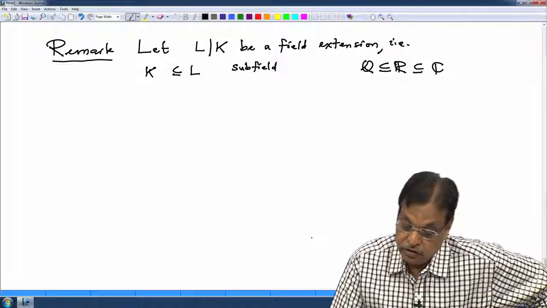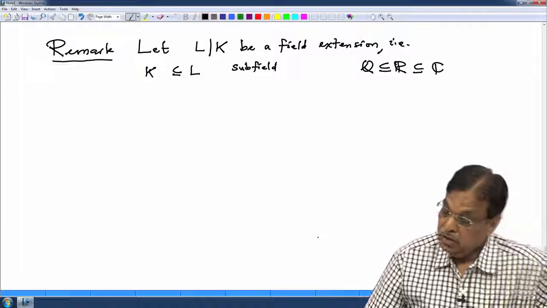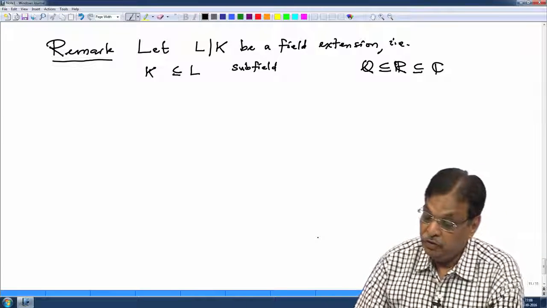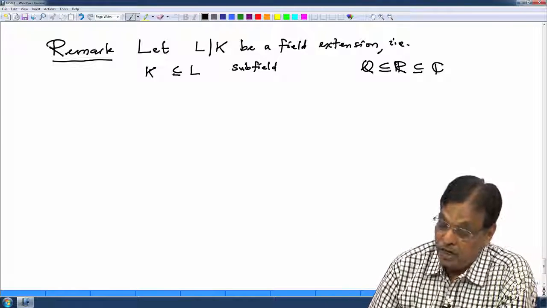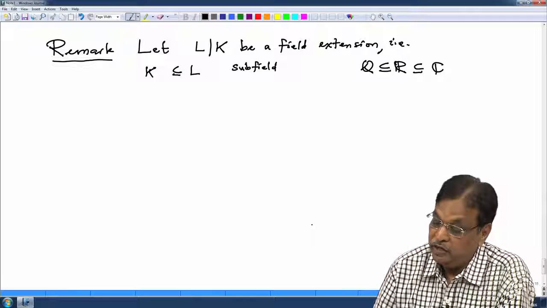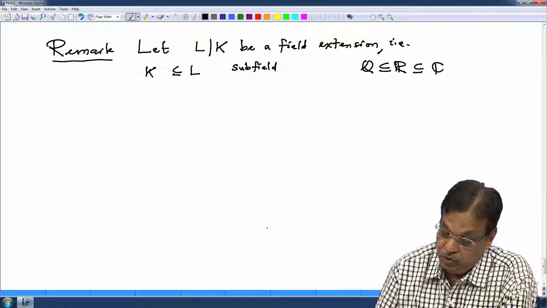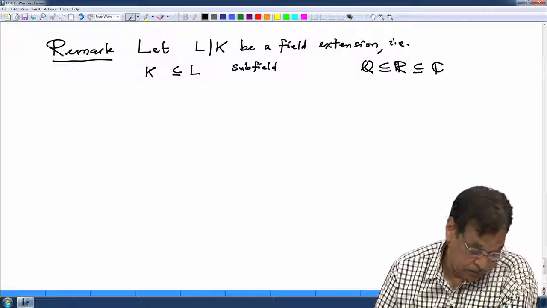So field extensions are very important in the study of the theory of equations, and for field extensions you also need to use a vector space argument many times.